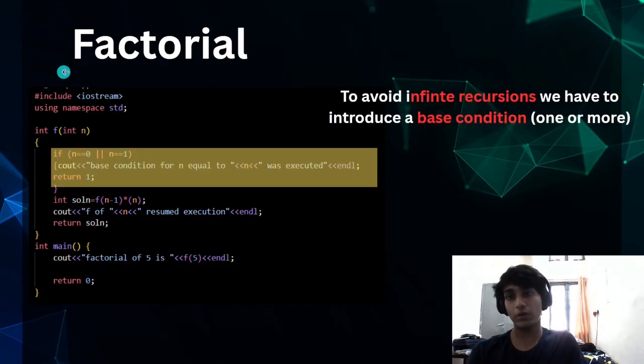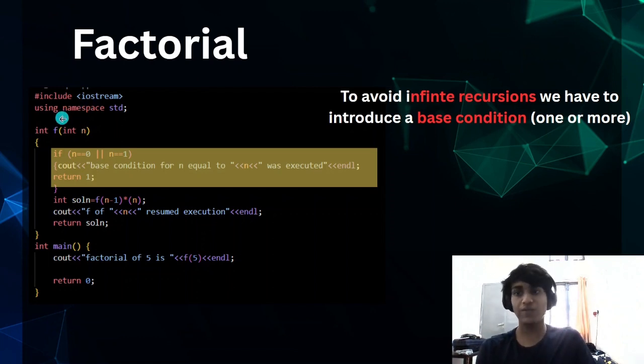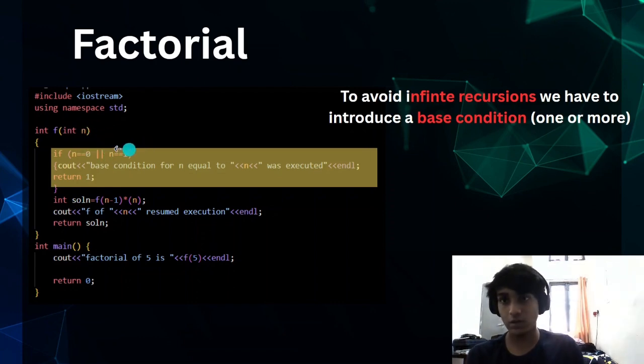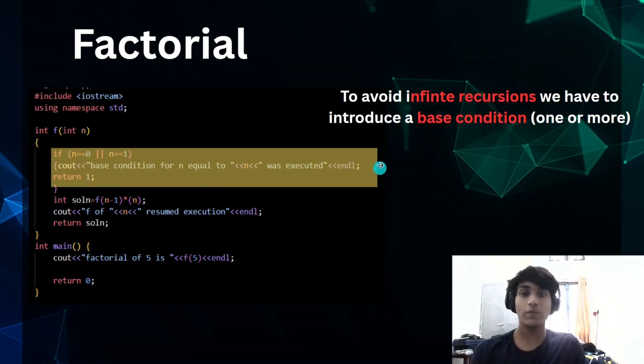This is code for finding the factorial of a number. I have defined a function f that returns an integer and takes in an integer n. First, this is what I call the base condition. The base condition is basically used to stop recursion and prevent infinite recursion.